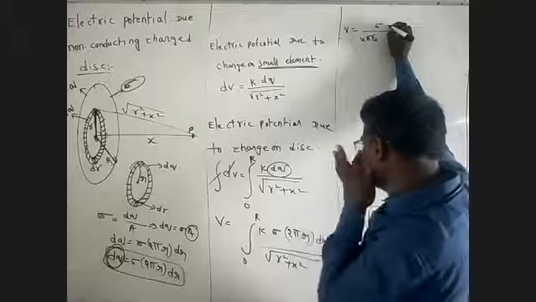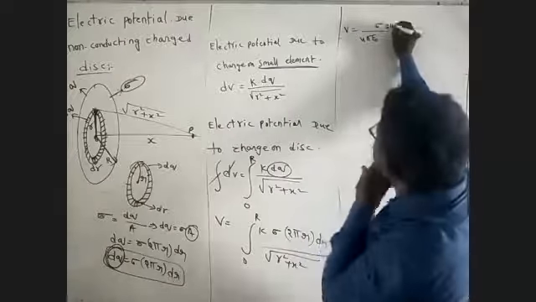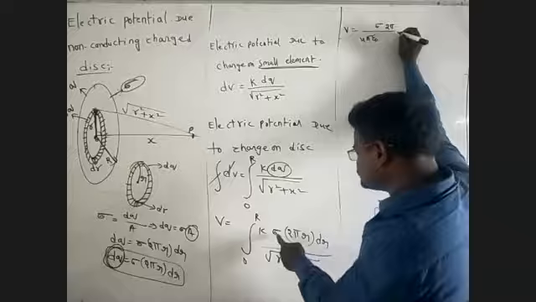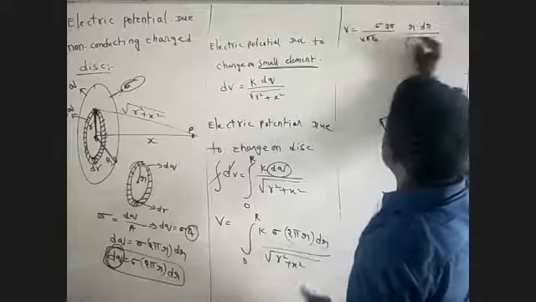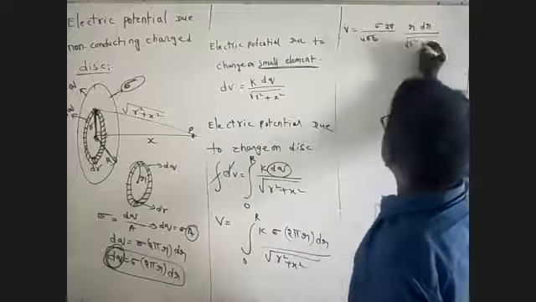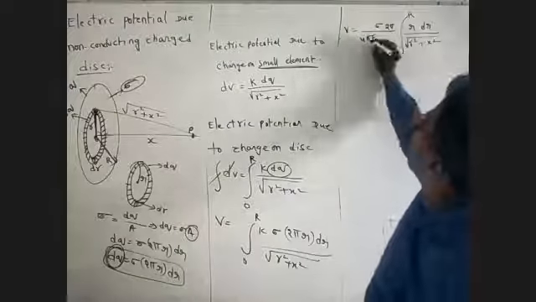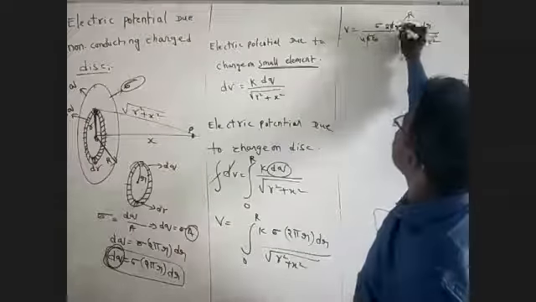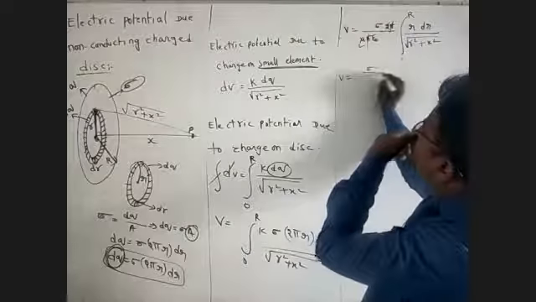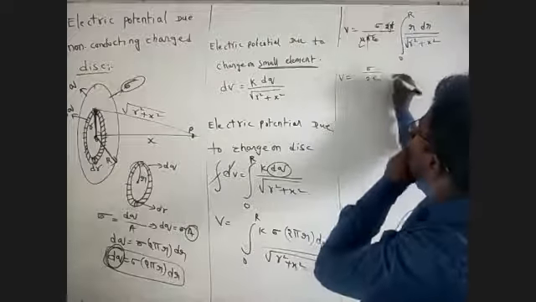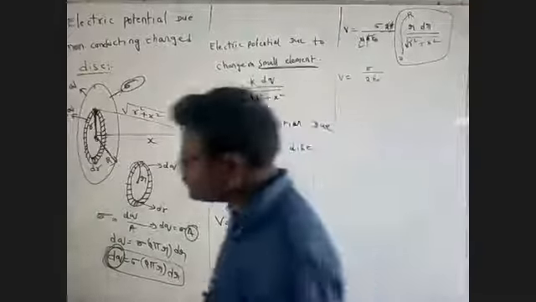So we have 2 pi sigma times the integration from 0 to R of r dr by root of r square plus x square. Pi cancels, 2 and 2 cancel. So V is equal to sigma by 2 epsilon naught times this integration.